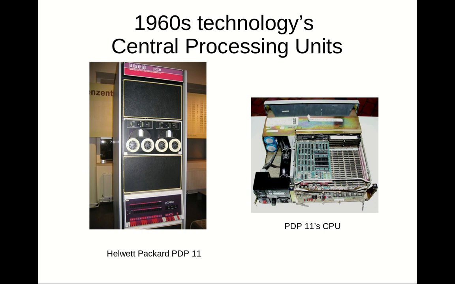So the ICs at that time in the 1960s, they covered maybe only logical circuits like AND and OR or exclusive OR gates, these kind of things. So it required a lot of these ICs to have a whole CPU.